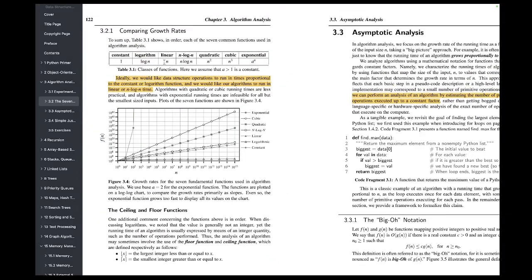I thought it's slower. No, n is... log n is faster. What?